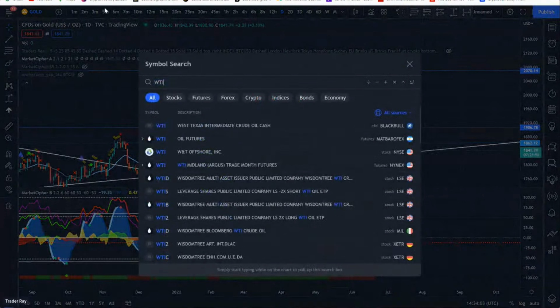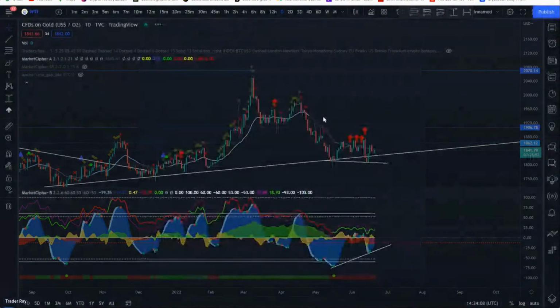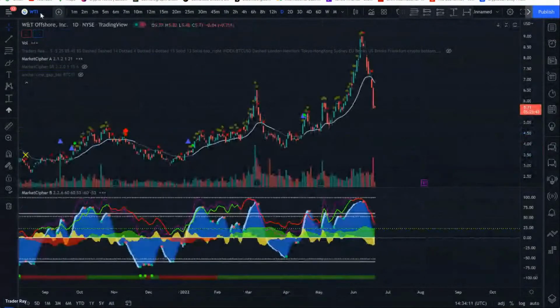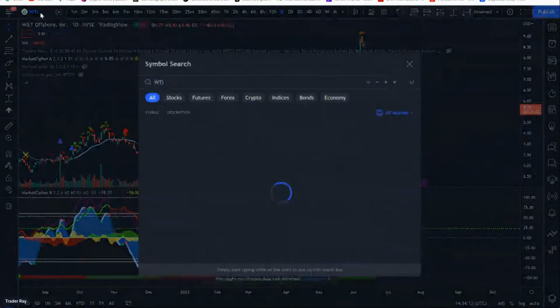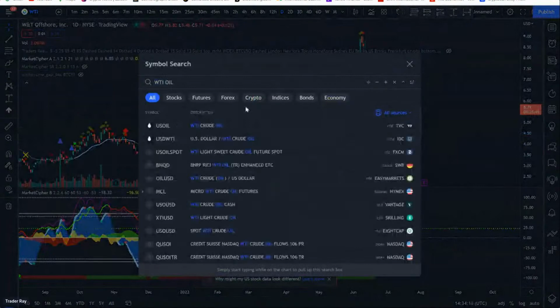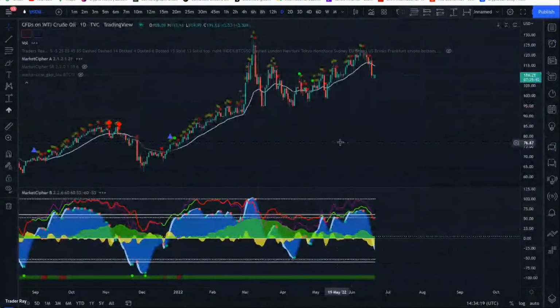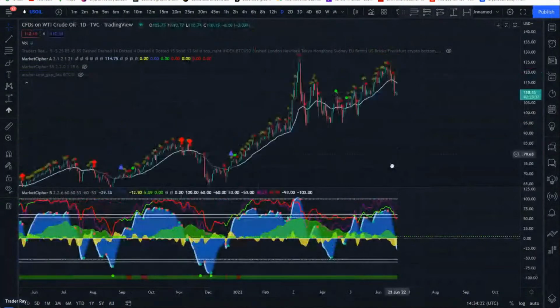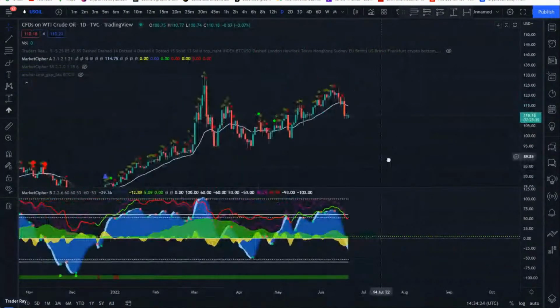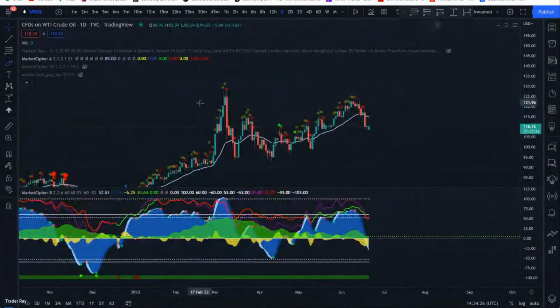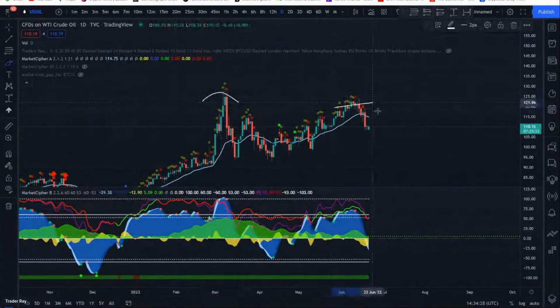Let's quickly look at oil, where I don't know which chart I've been using so far. This is not the one. I think this is the one. Yeah, so oil going down a little bit, taking a little bit of a breather here on the daily. It has to be said, it is a lower high right here.